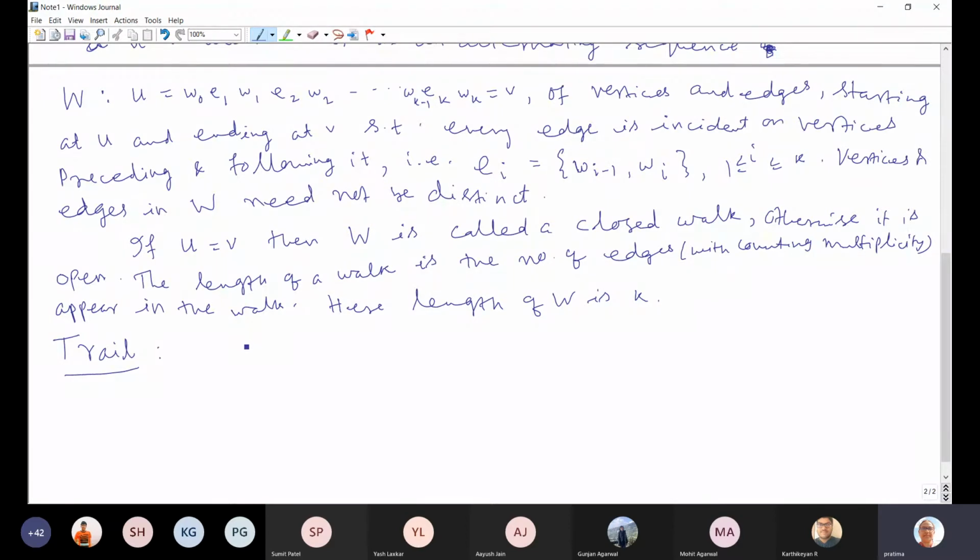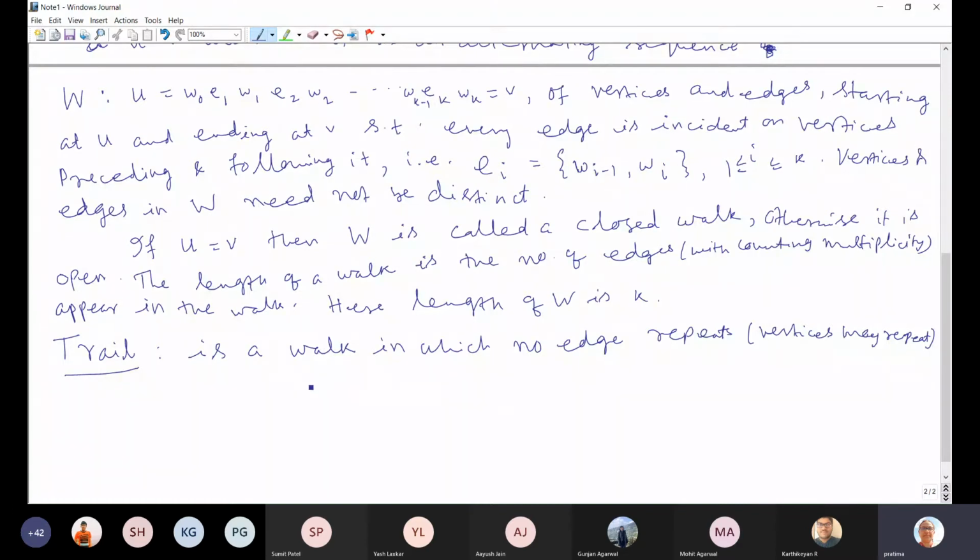So a trail is a walk in which no edge repeats; however, vertices may repeat.